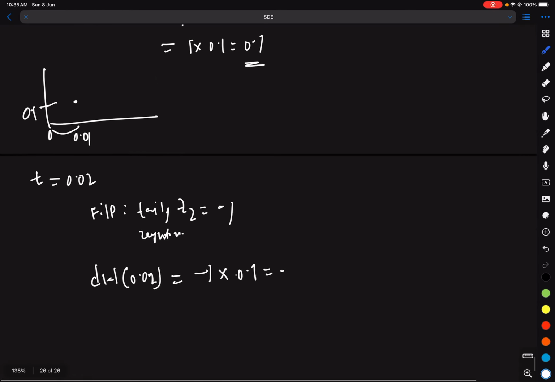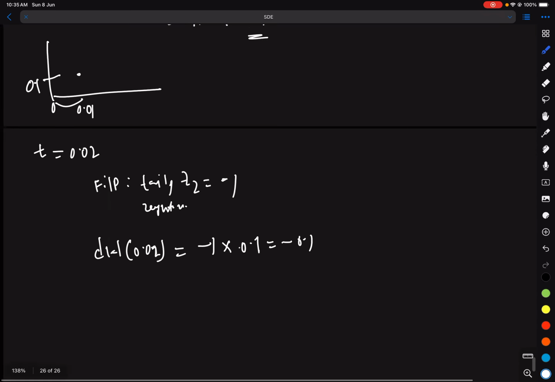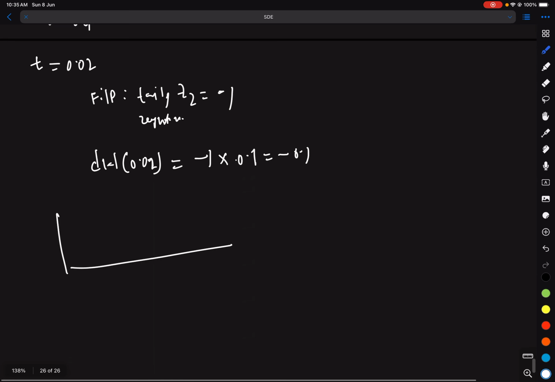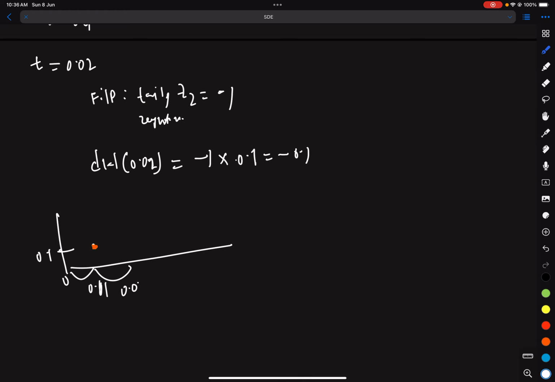So now we are going to get minus 0.1. So after the second step, we got minus 0.1, so again we moved back here after the 0.02 step. So that's how we calculate the steps for the discrete.